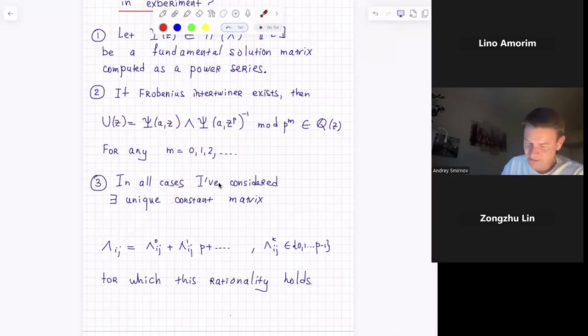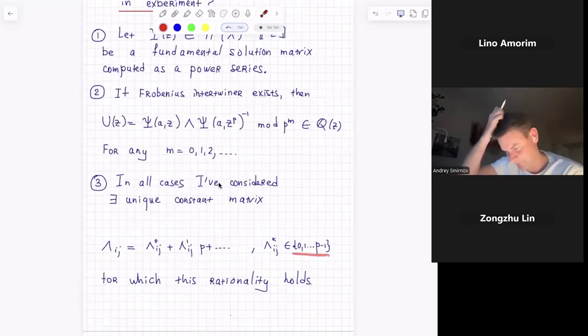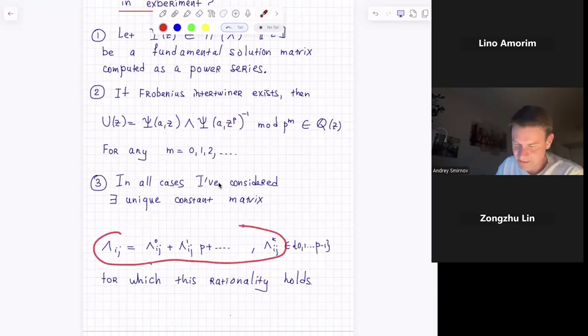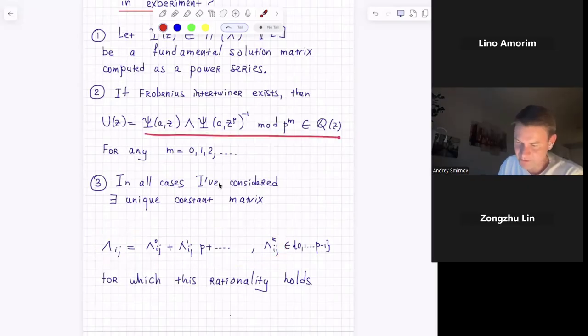So the matrix elements of this matrix look like power series in p with coefficients which can take only finitely many values from 0 to p minus 1. So they live in this finite field. And then you can ask, can I find some constant matrix lambda such that this property, this rationality, is satisfied.